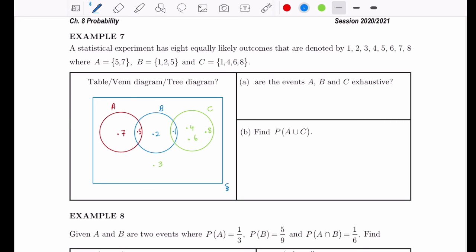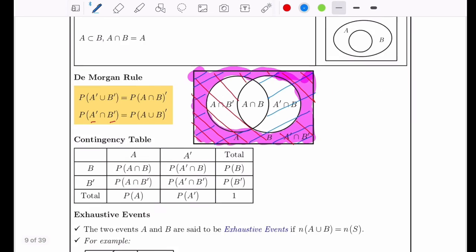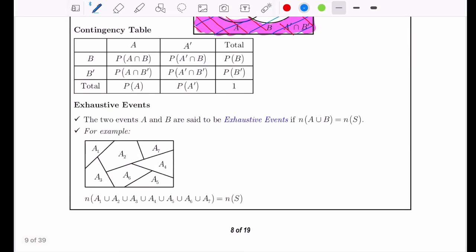Okay, so are the events A, B, and C exhaustive? So what are exhaustive events? If we look at the previous note, the events are said to be exhaustive if the number of all the events is equal to the number in the sample space.